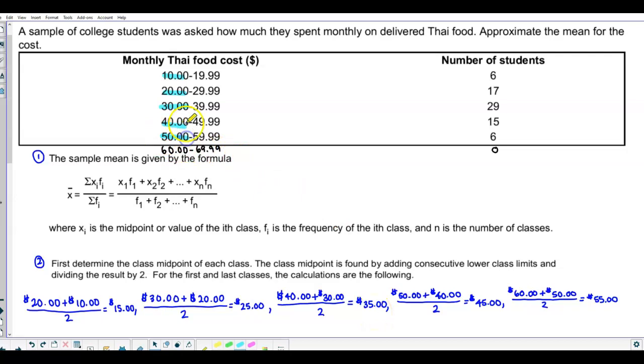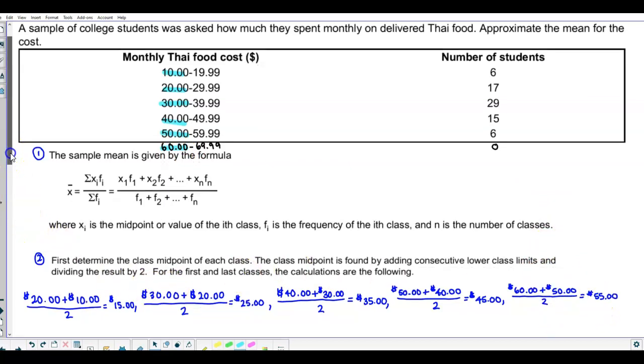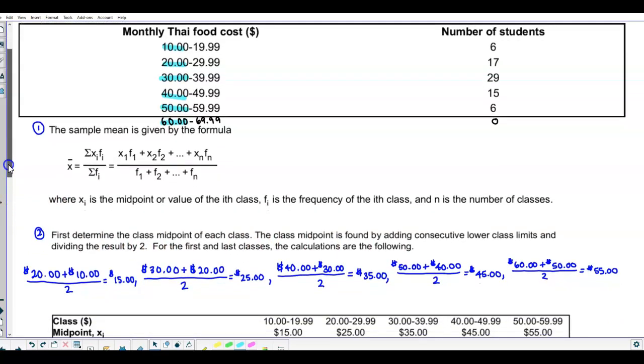Then 50 plus 40 divided by 2 gives 45. And as I stated earlier, you want the last lower limit of the last class, which is 60 plus 50 divided by 2, which gives you 55. So we've determined the midpoints of each class.